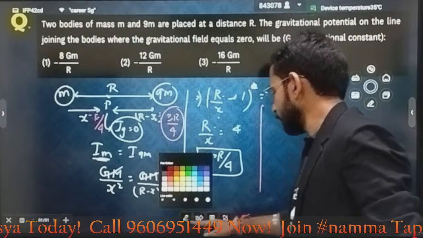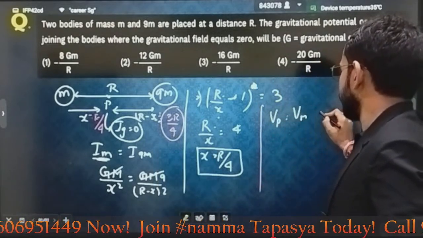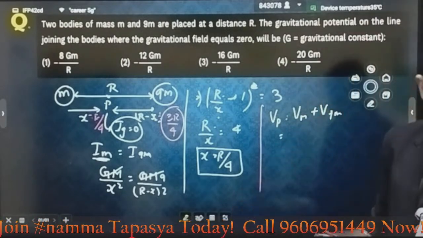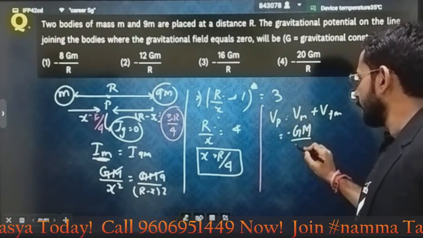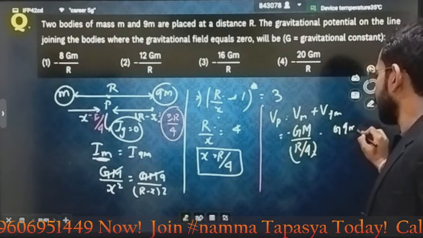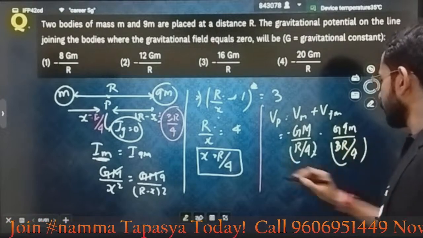Let's understand the formula of potential at point P. Potential due to mass m plus potential due to mass 9m. Due to mass m, the potential will be minus Gm divided by r by 4, minus G into 9m divided by 3r by 4. Correct?